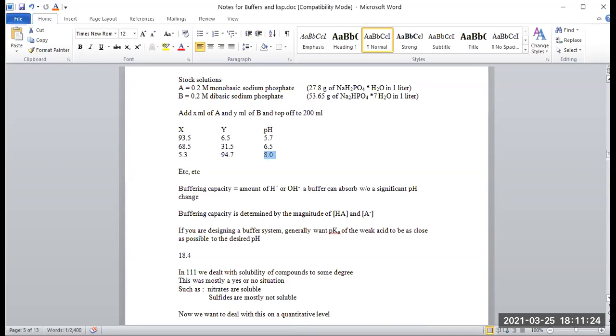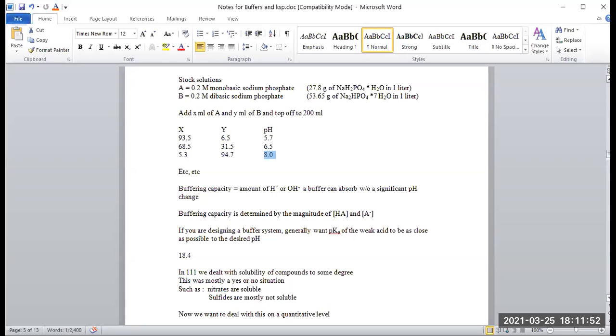P means negative log of. So whatever pH you want, if you choose a scenario that has a pKa similar to your pH, then whatever changes you make to the concentrations are going to be in the same relative pH area that you are shooting for.